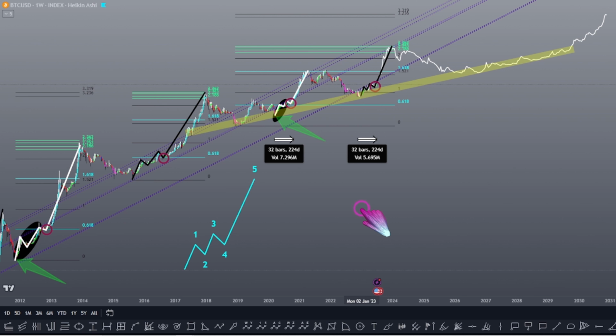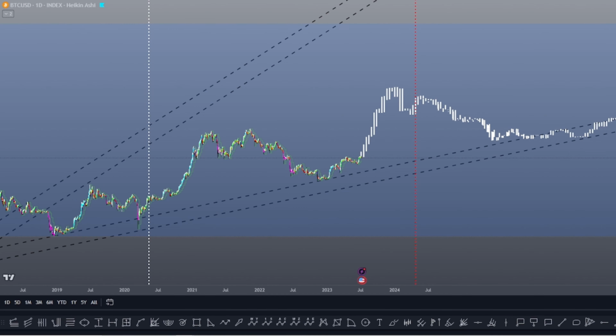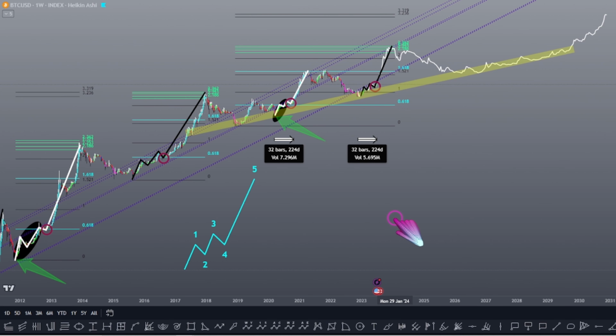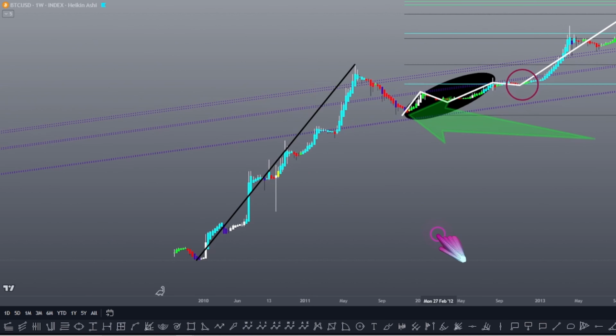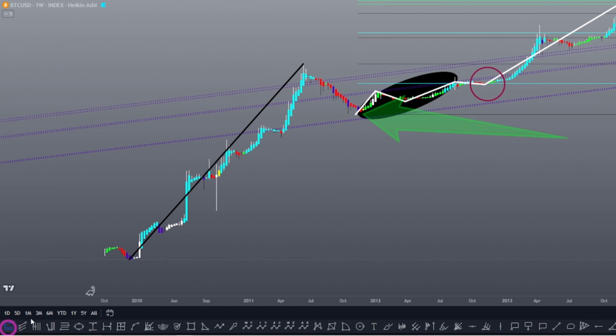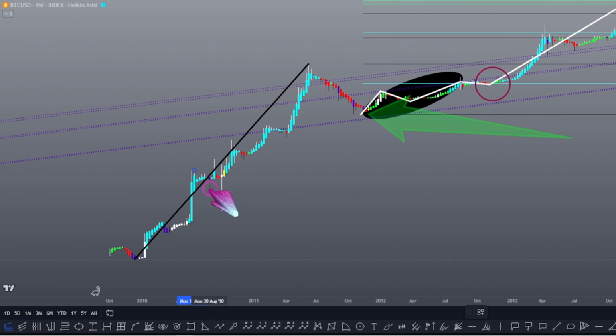I zoomed in here on this daily chart and showed you how it clearly looks the same. You can't really derive as much from it. Just to show some flaws in the idea I'm getting across here, if I take the retracement, we don't see the same thing happen. It doesn't apply.